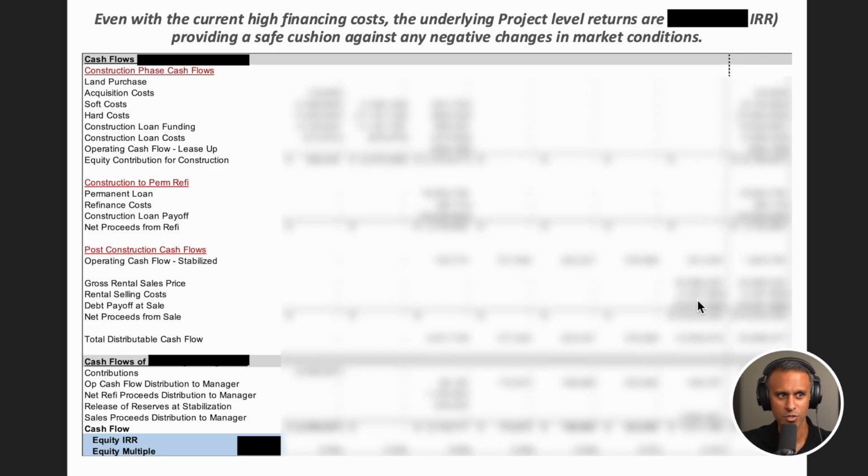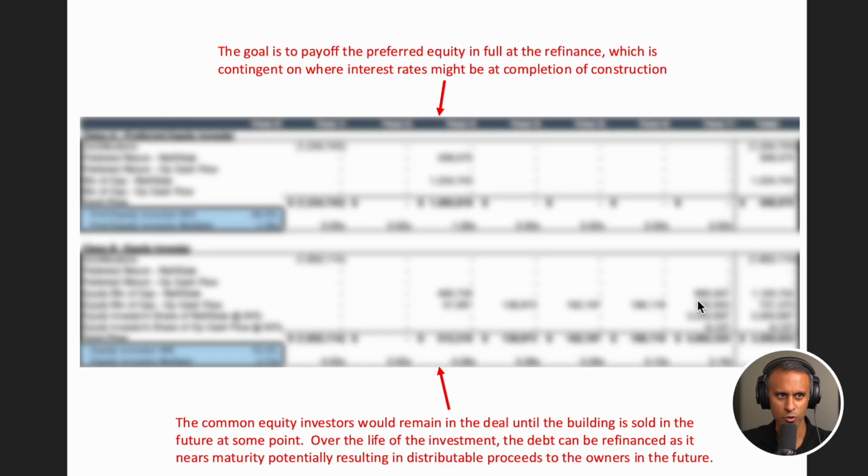And since this is a projection, you can start to do things like an IRR, internal rate of return, analysis and show what is my annualized return on these sets of cash flows. We're putting capital in. How much capital are we getting back and over what time frame? And what does that return look like? Those are all usually shown in here. And then we'll also show, depending on how we structure the capital, what does the return look like for that capital?